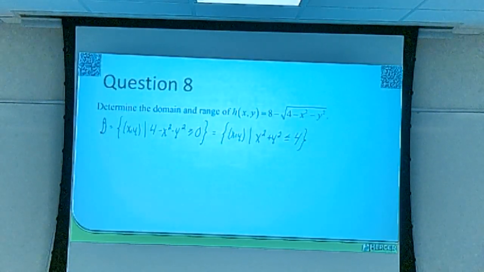Domain is the set of all points x, y such that x squared plus y squared is less than or equal to 4. What kind of region is that? What's the region?